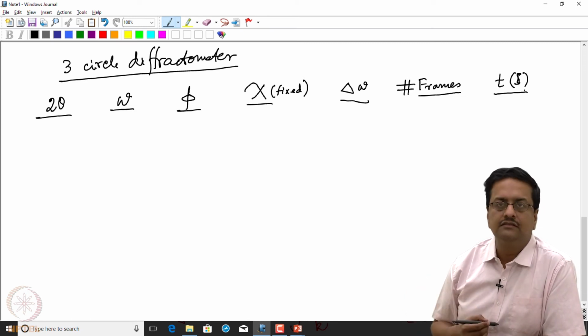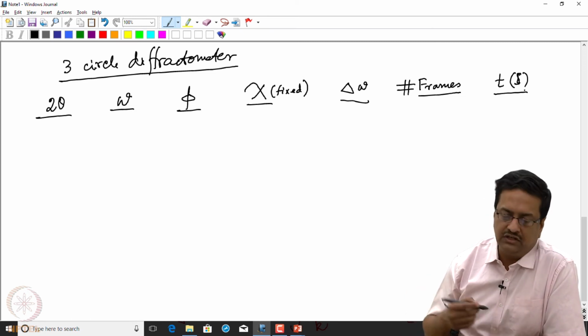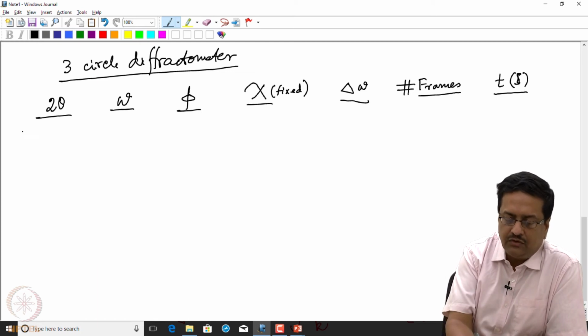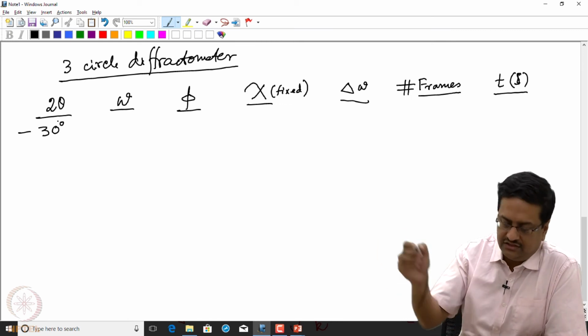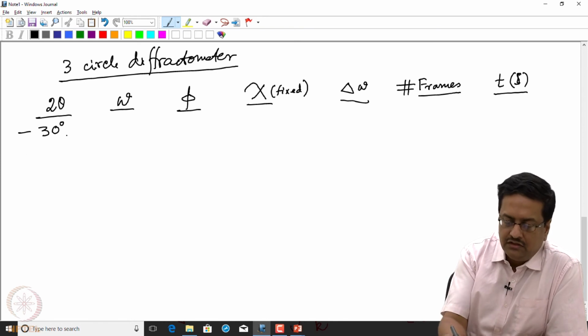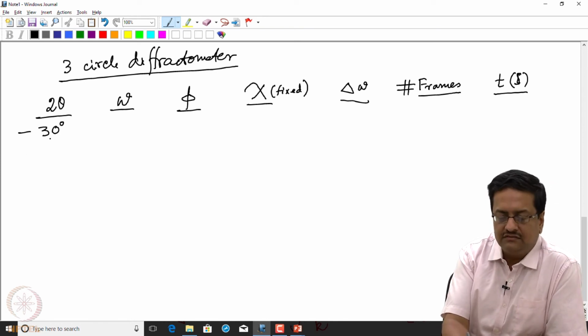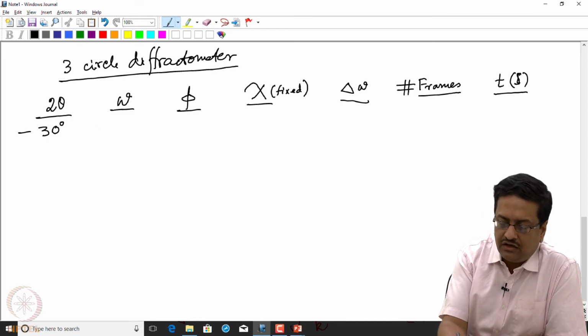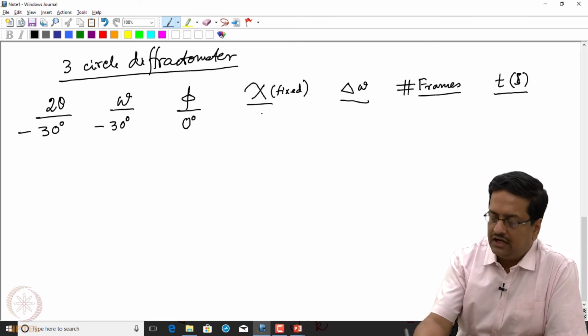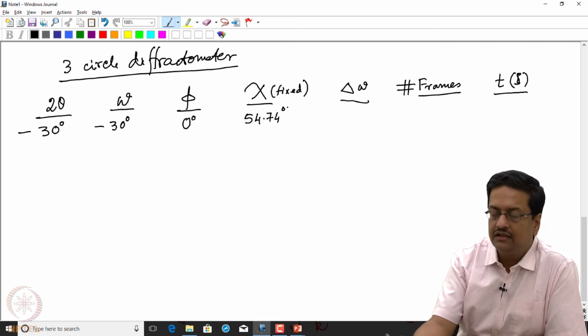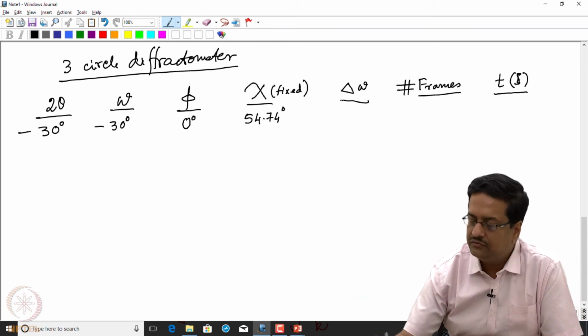As I indicated already, in case of 2-circle diffractometer, if we place the detector at about minus 30 degree or a plus 30 degree, it records data up to plus 60 degree or minus 60 degree. So, with detector at minus 30 degree, we start omega also at suppose minus 30 degree. We start phi at 0 degree. Chi is fixed at 54.74 degree.